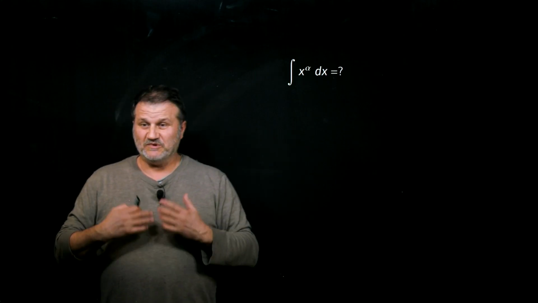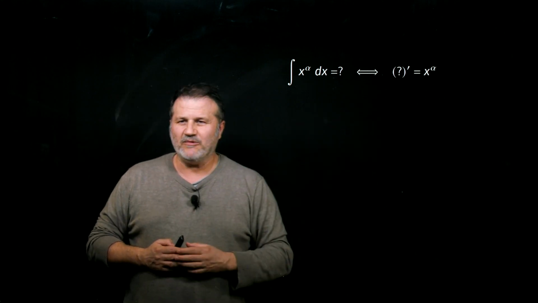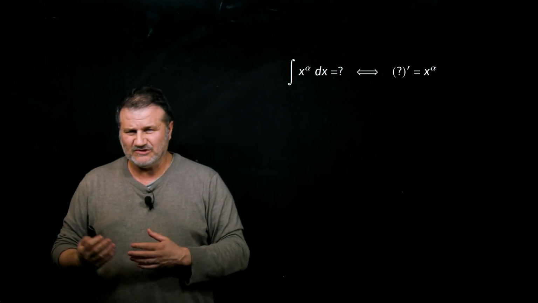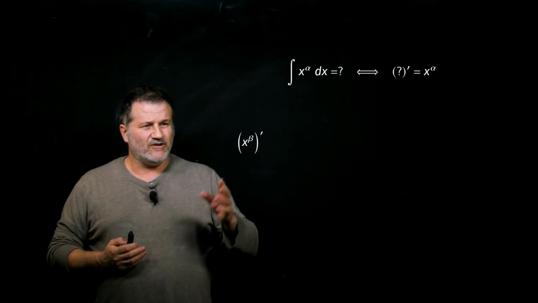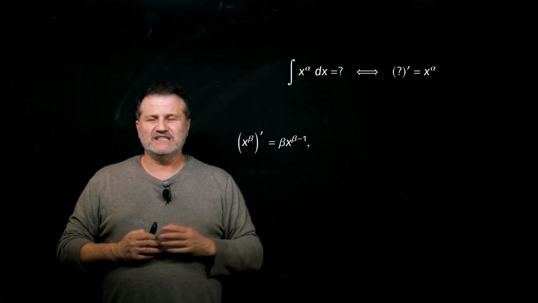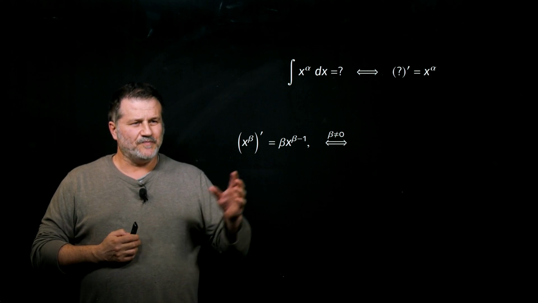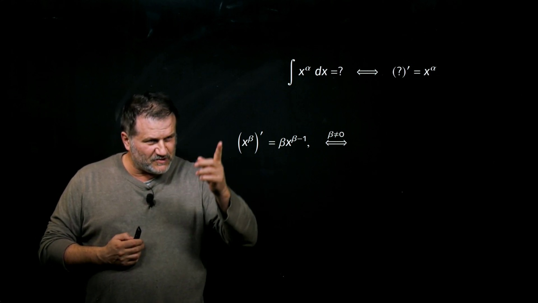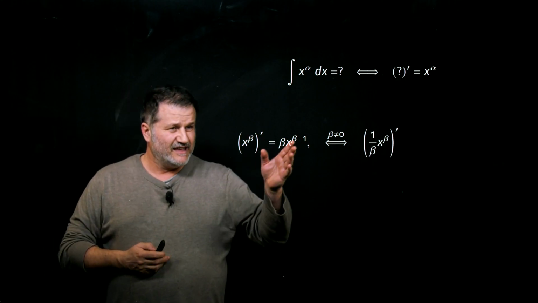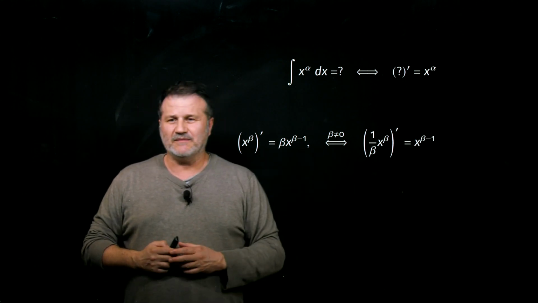Now imagine we want to compute the primitive for the power. So we want to find a function whose derivative is a power. We know that when we differentiate powers, we get powers. So it would be natural to look at this function as a power. Now, we have to remind that the derivative of x to beta is just beta x to beta minus 1. So if we divide by beta, assuming beta different from 0, and we put a factor 1 over beta and carry it inside because of the linearity of the derivative, we have that 1 over beta, x to beta, has derivative equal to x to beta minus 1.